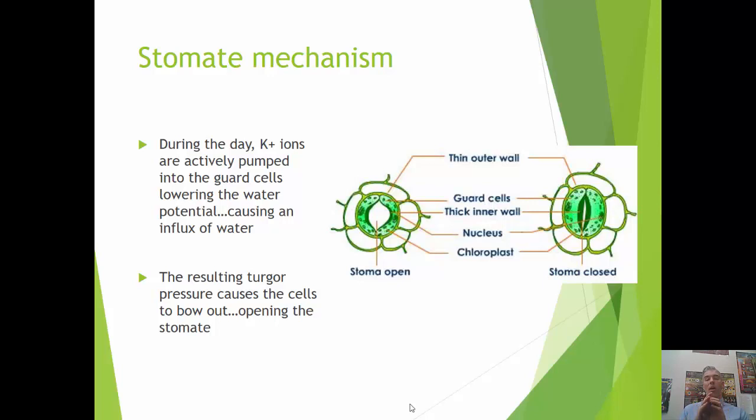So more water in there equals it opening up. When there's less water, it closes. So when it gets hot and dry, they'll pump the potassium out, and the stomata will close. Remember, this has to do with water potential and things like that. So you could see them tying in photosynthesis with water potential on the AP exam. Who knows?